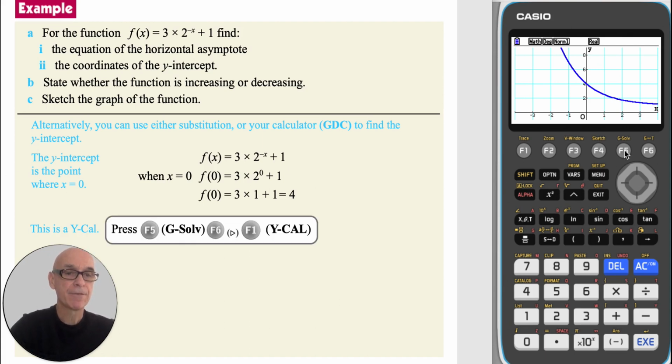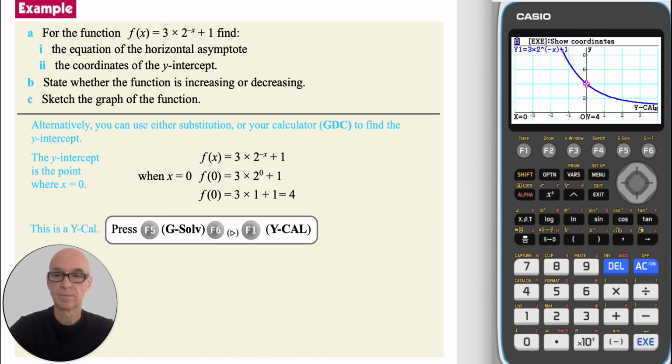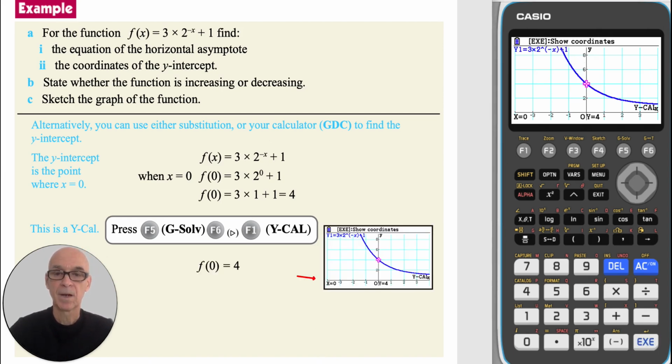Pressing F5, G-solve, F6 to get to the second page of tabs, and F1 for a y calculation. Entering the value x equals 0 and pressing Execute. Again giving the value 4.